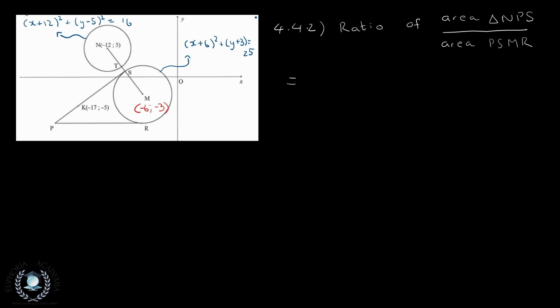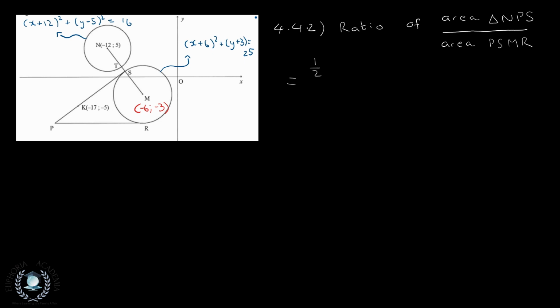So the area of a triangle, any triangle, is always going to be half base times perpendicular height. Now, what's the base of triangle NPS? Triangle NPS, let's try and look for it here.